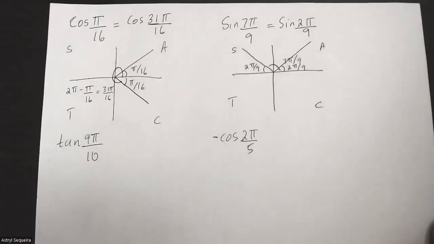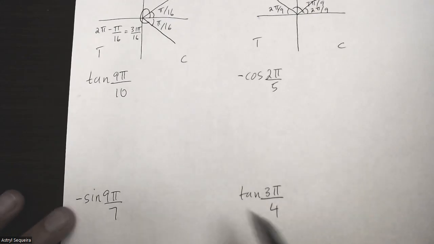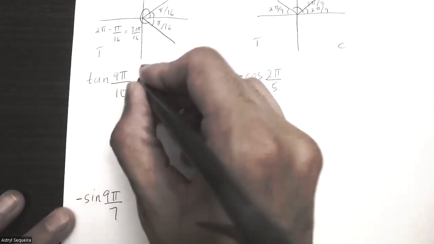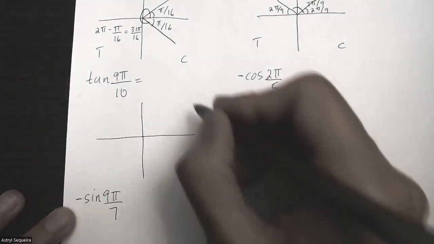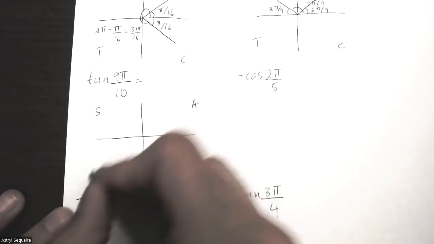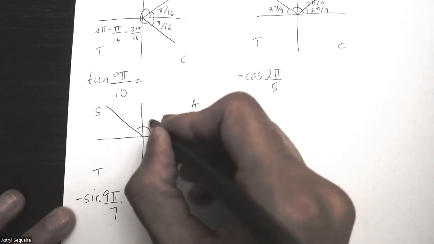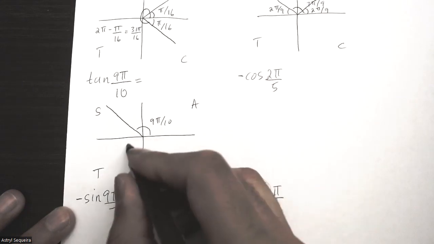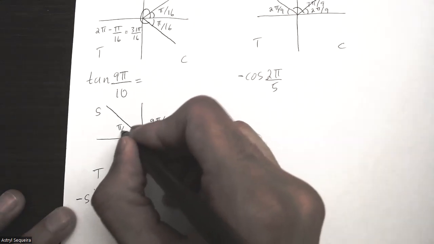Okay, let's go to the rest of the questions. There's 4 more, and just for practice, there's some negatives as well. Tan of 9 pi over 10. 9 pi over 10 I know is also in the second quadrant because it's slightly less than pi. My acute angle is pi minus 9 pi over 10, which is just pi over 10.